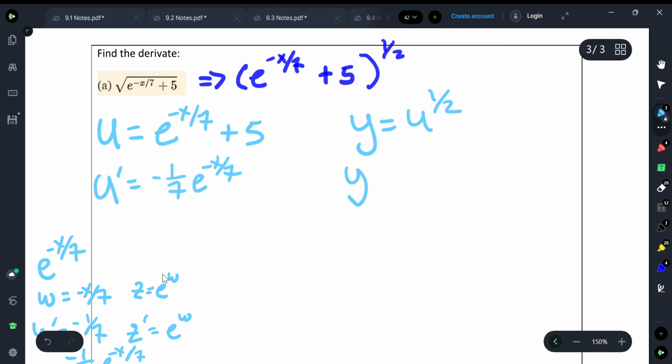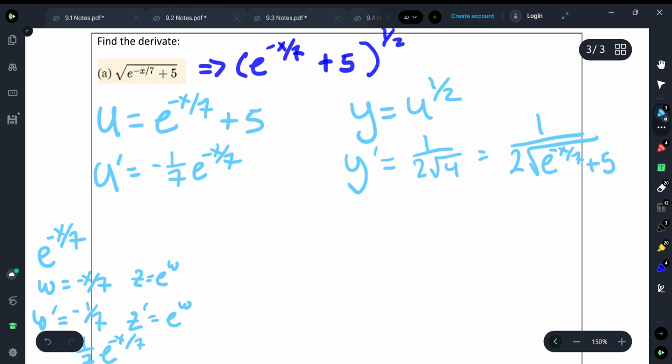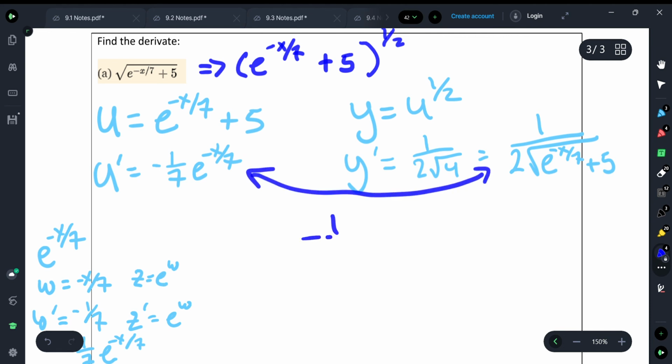And so the derivative of the outside function is going to just look like this. And if we go ahead and substitute in w, we have this here. So pretty straightforward. Multiply those together, and we start getting something that looks a little bit like this.